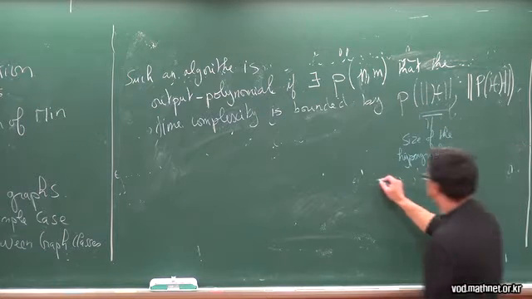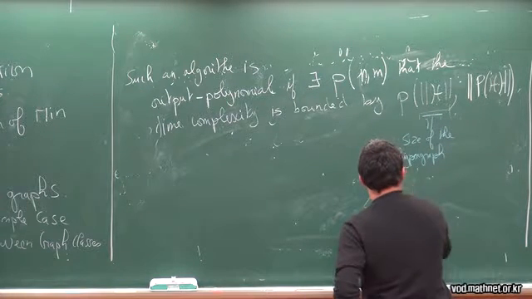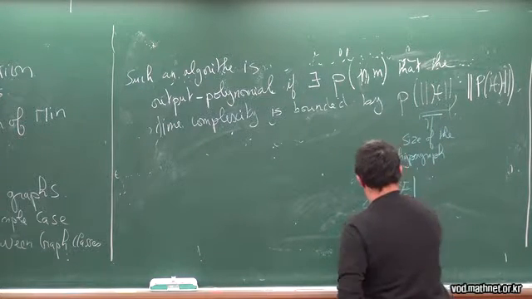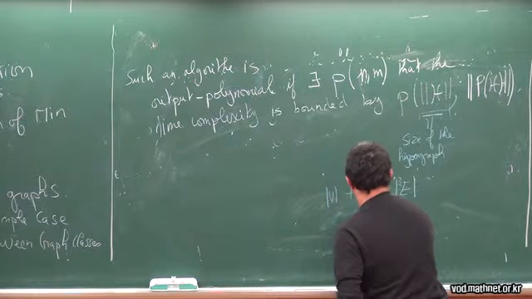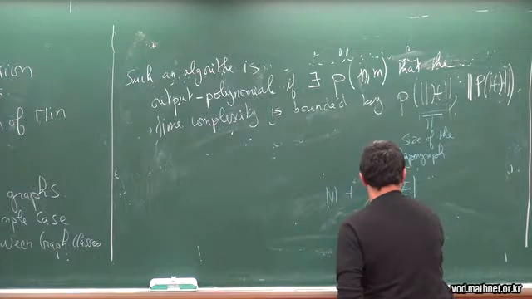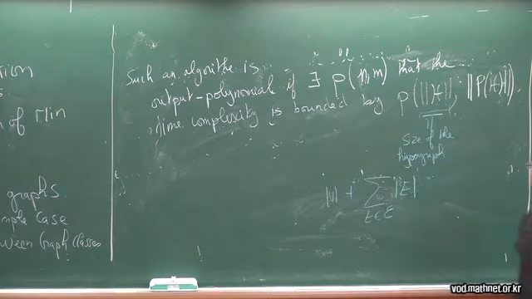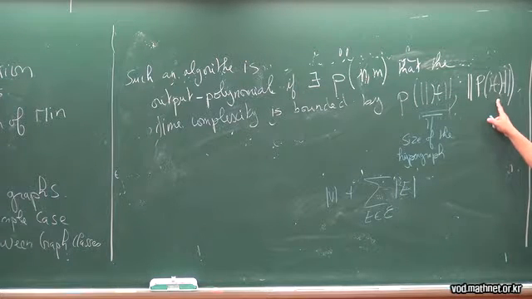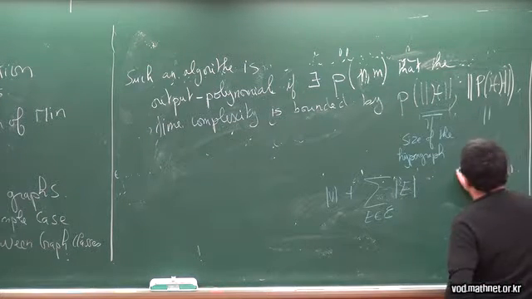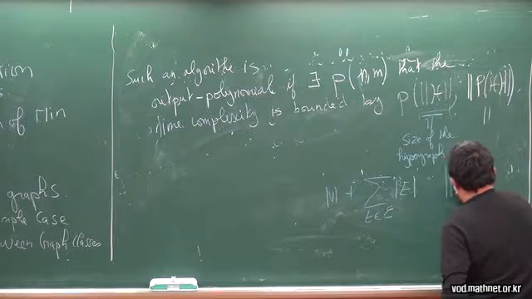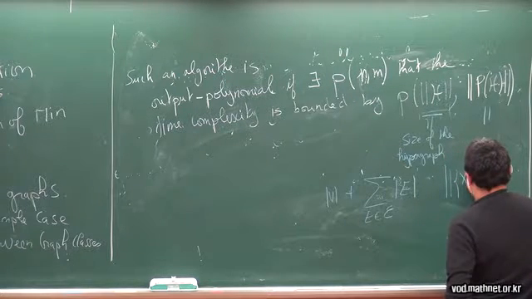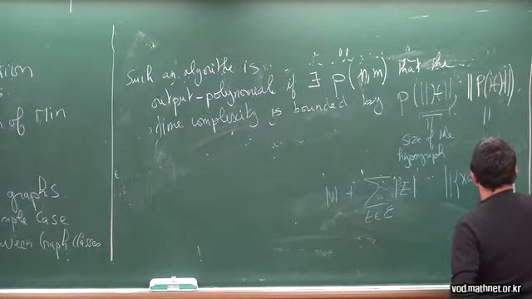Okay, so this is the sum, and the size of this is just the size of all the sets X included in V such that P of X is true.